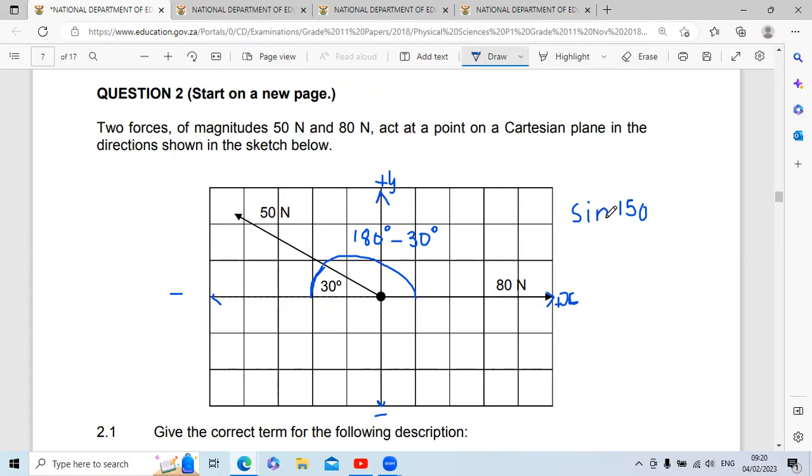The sine of 150 degrees is gonna be equal to force y, or you can say force 50 Newton y, but I usually just write force y divided by 50.